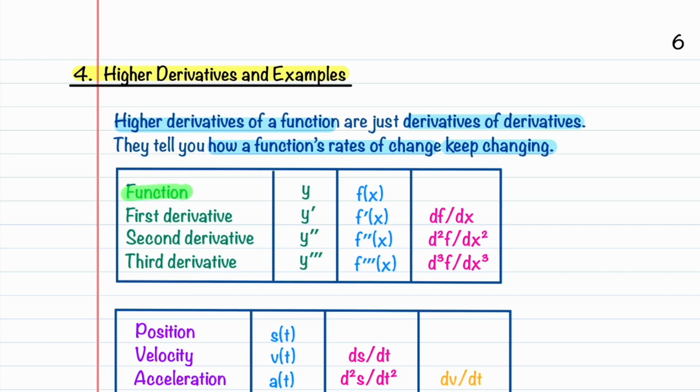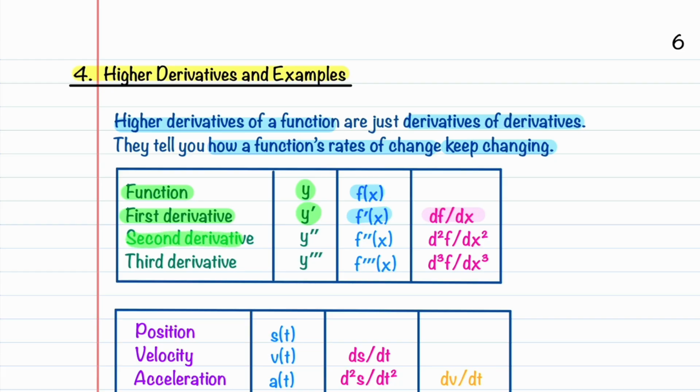A function is often notated as y or f of x. Its first derivative is going to be notated by y prime, or you might see it notated as f prime of x, or what we call df dx.